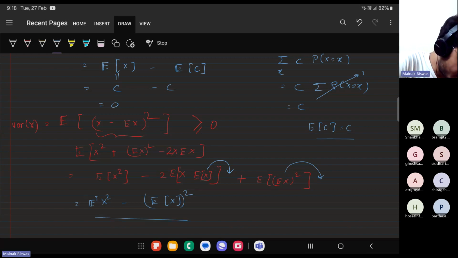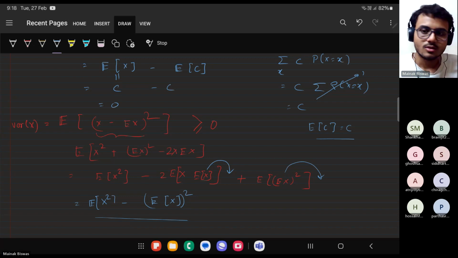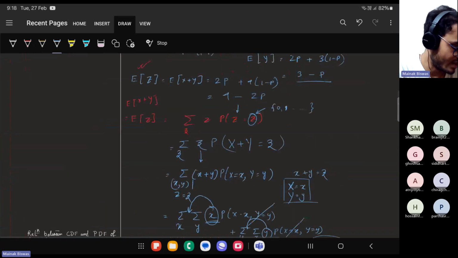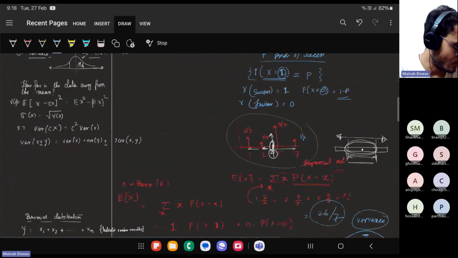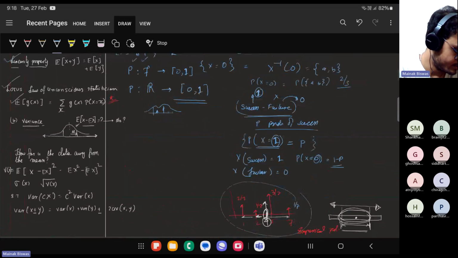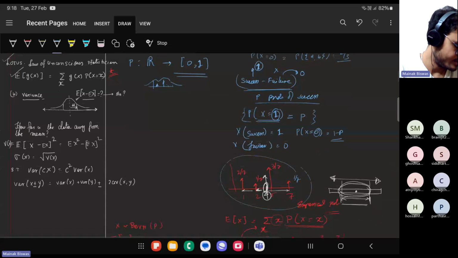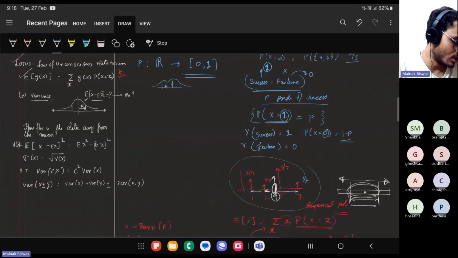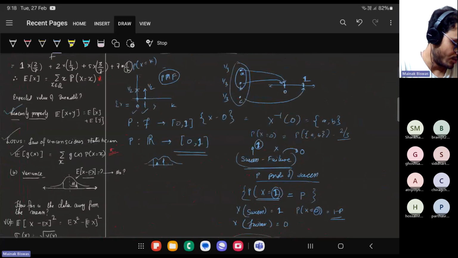So there are two things here. We'll solve a question and it will become clear. So we have seen how we have defined variance. Now, someone of you tell me for the Bernoulli random variable. Let us define it for the Bernoulli random variable and then we'll go to the other properties of this.